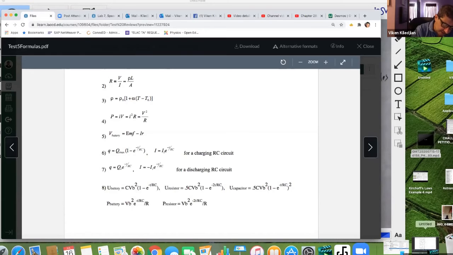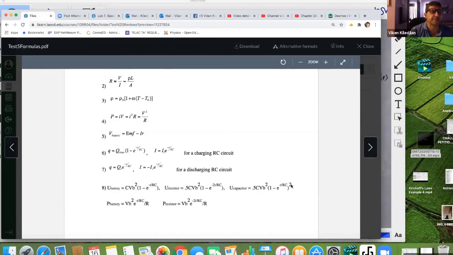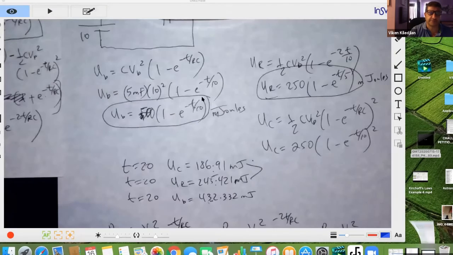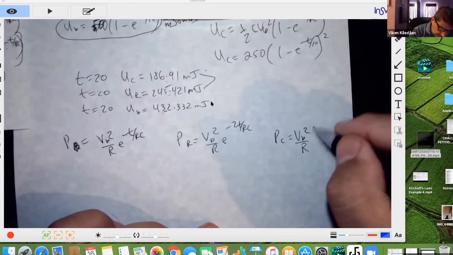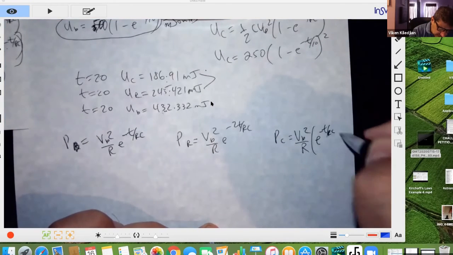And then the capacitor is going to be, what was the capacitor? Oh yeah, it was VB squared over R, e to the minus T over RC minus e to the minus 2T over RC.